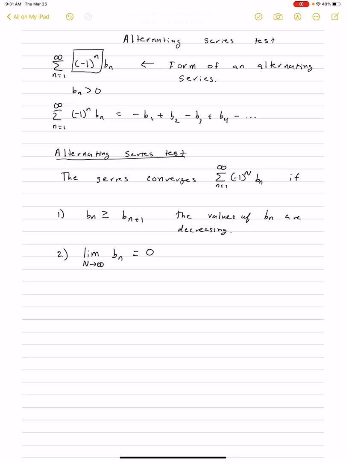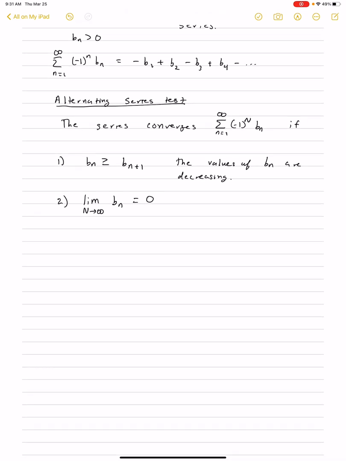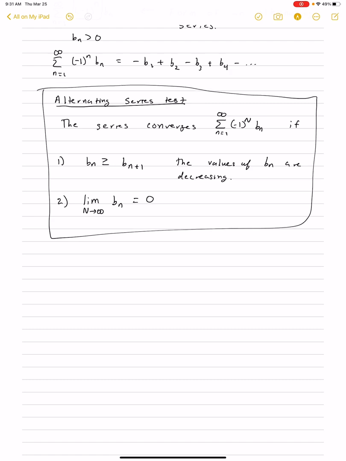Okay, and let's start off with our example here. And this alternating series, anytime you see a minus 1 to the n power, you might consider using this alternating series test. Okay, so here's going to be an example. Is this series convergent or divergent?